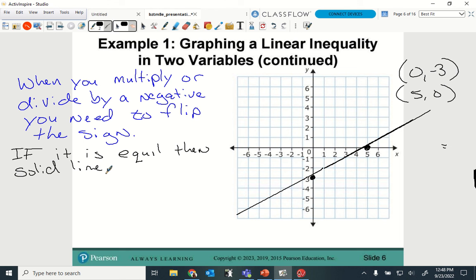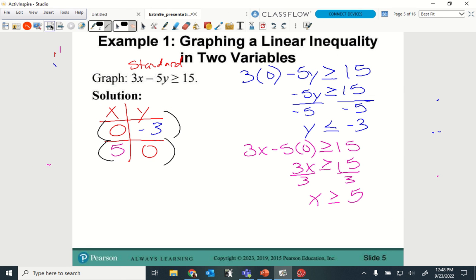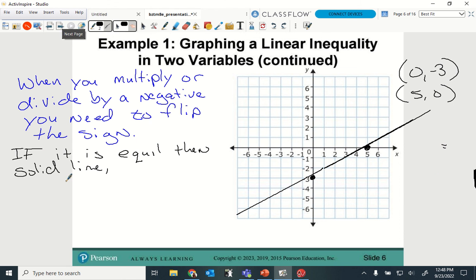So, is this equation equal here? Let's go back and look at it. It says 3 minus 5y is greater than or equal to. So is this one equal to?